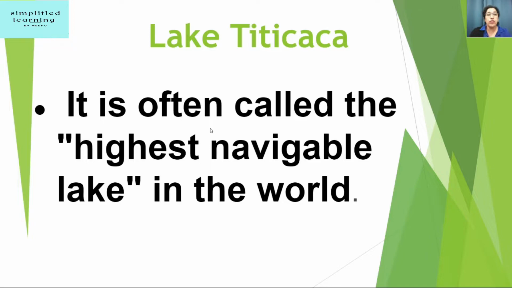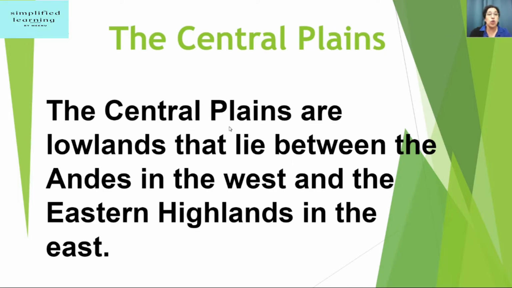Now let's move to our next physical feature, that is the Central Plains. The Central Plains are lowlands that lie between the Andes in the west and the eastern highlands in the east.